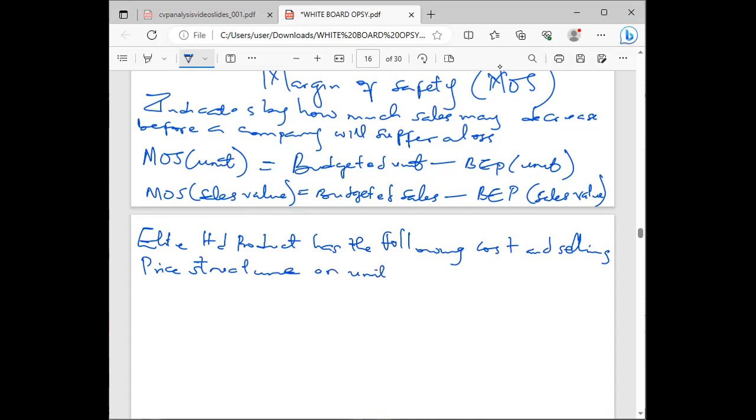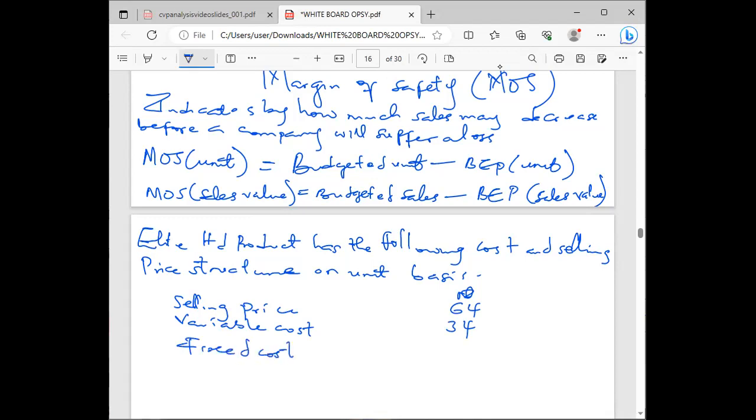On a unit basis, we have selling price 64, variable cost 34, and fixed cost 10.